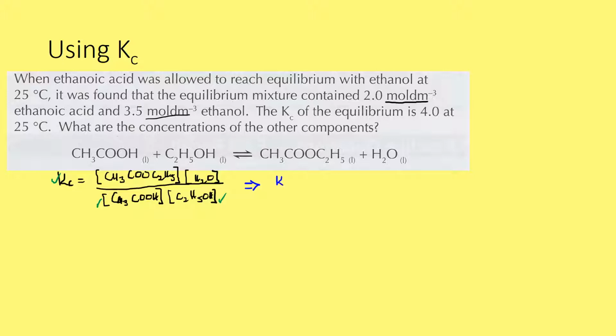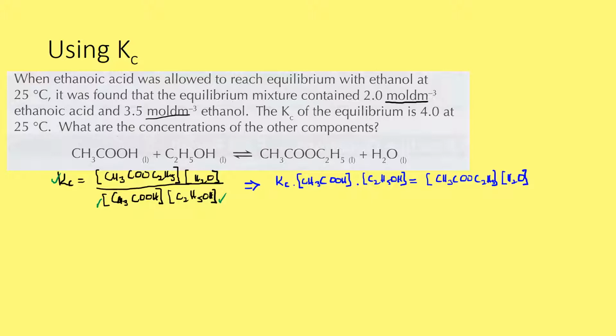So you're going to get Kc times the concentration of ethanoic acid times the concentration of the alcohol, and that's going to equal the concentration of the ester times the concentration of the water.